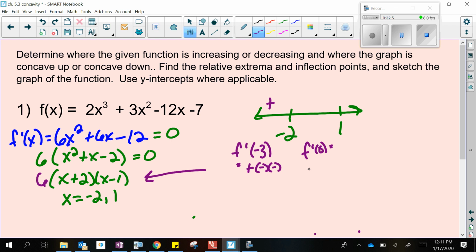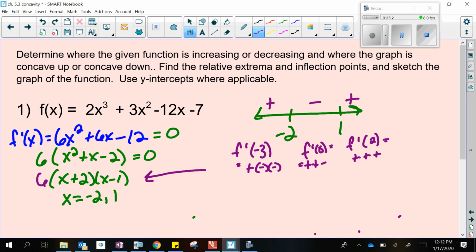Plug it in: 6 is positive, 0 plus 2 is positive, 0 minus 1 is negative. So we get negative. For the second interval, we can choose 2, and we get a positive and a positive, so it's positive.